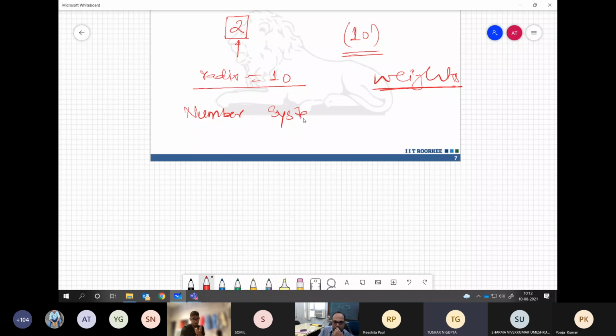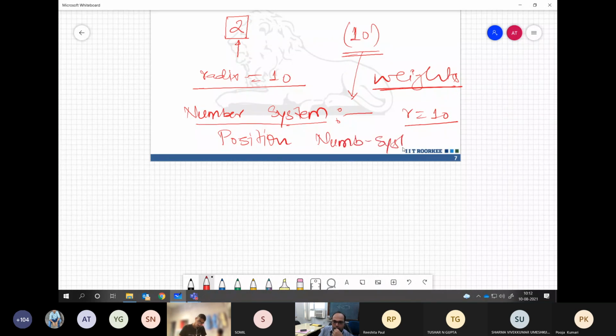Yes. So when we are talking about the number system which we normally encounter, which has base value 10 or radix equal to 10, we are automatically referring to a system which is position based, or we can also call it a positional number system, which means any integer you are writing carries a value that depends on its position where it is, isn't it?